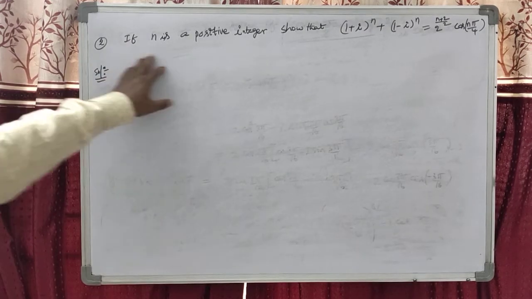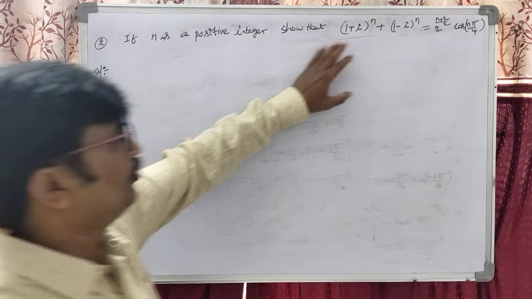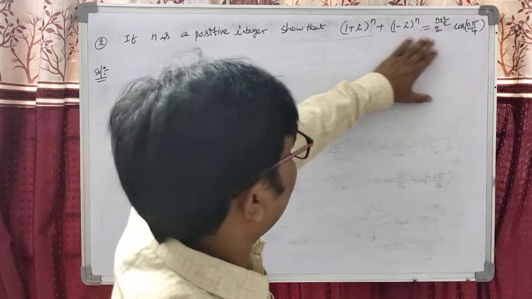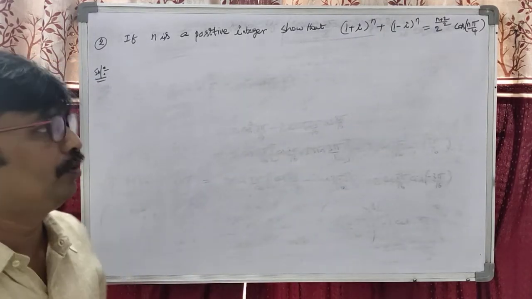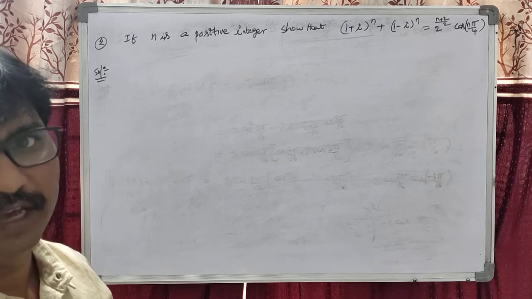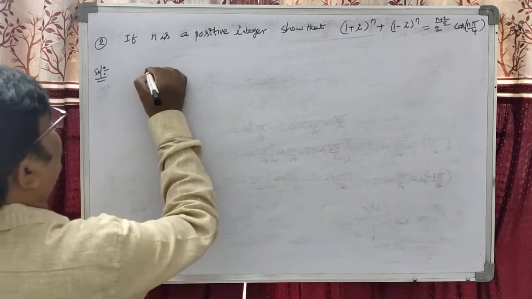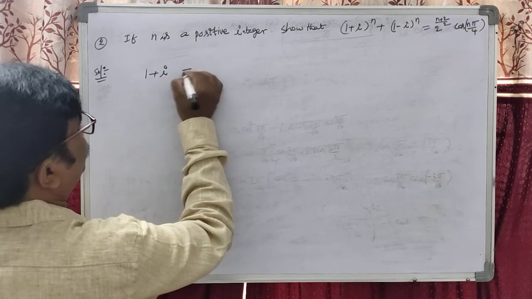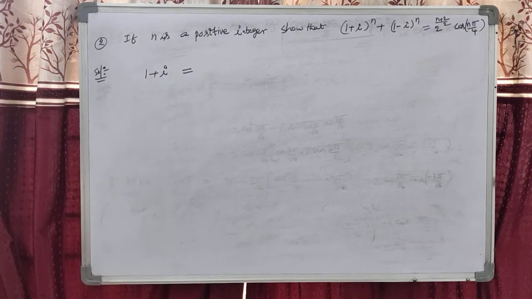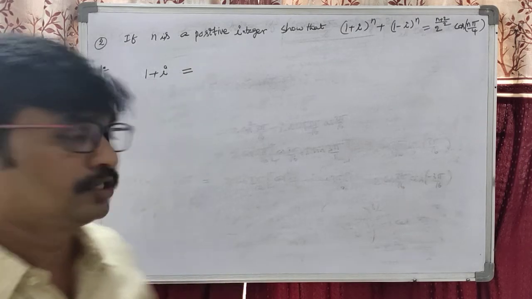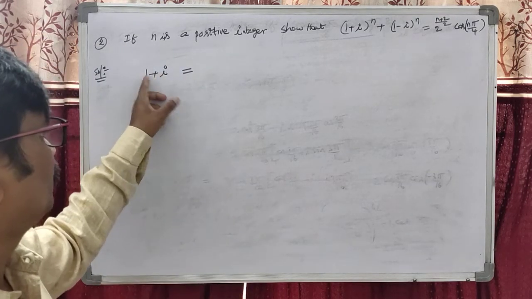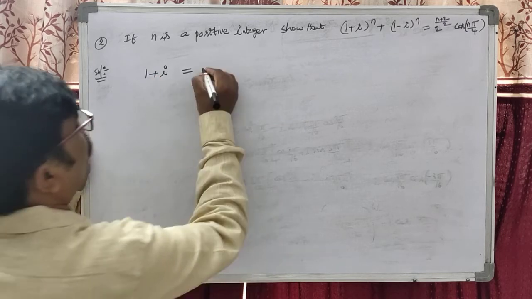If n is a positive integer, then (1 + i) whole power n + (1 − i) whole power n is 2 power (n+2)/2 cos of nπ/4. Therefore students, first we take 1 + i. We write this in polar form. The modulus is root of a square plus b square, 1 plus 1, which is root 2.